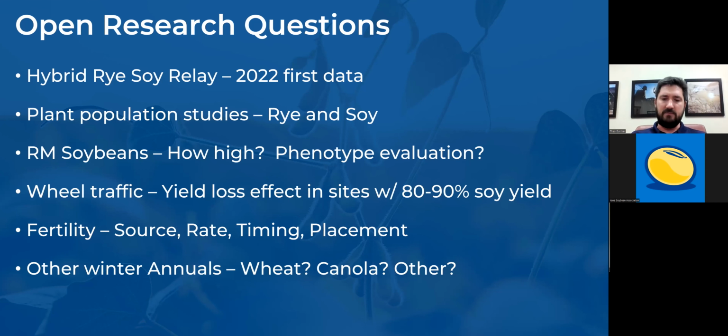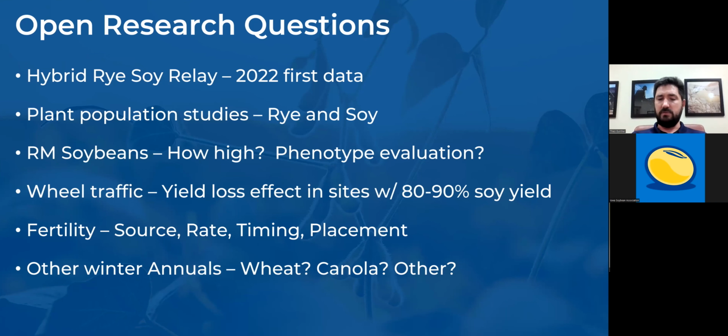But questions about fertility, in particular for soybeans, if you're banding nutrients to where you plan to have that row, fertilizing both of the crops. There's just questions that could be explored there to really maximize yield, and to make sure that one of the crops isn't getting shorted at the expense of the other.